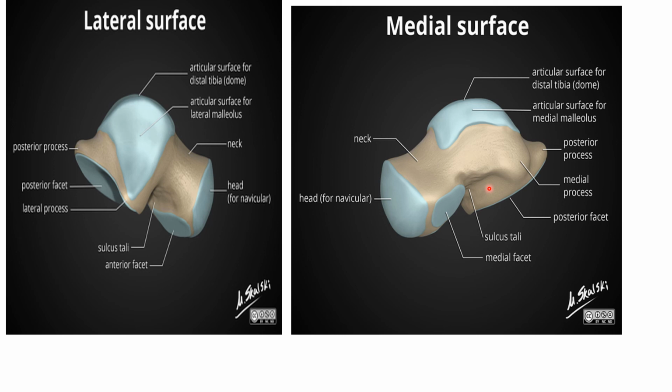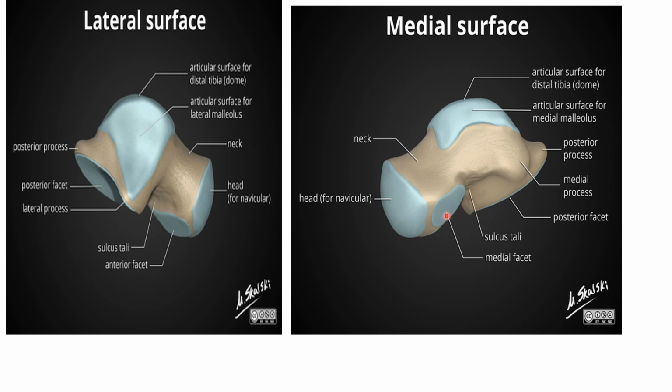calcaneum. So we have discussed the upper surface of the calcaneum. We have three facets. They articulate with the corresponding facets which are present on the inferior aspect of the talus. The middle and posterior facets are separated by a deep groove which is known as the sulcus tali.